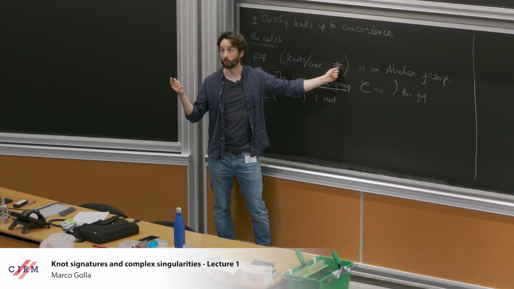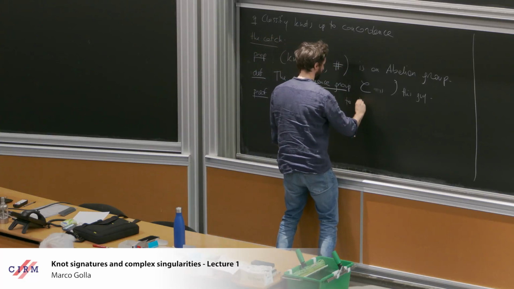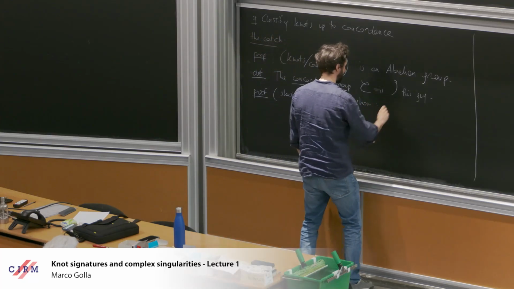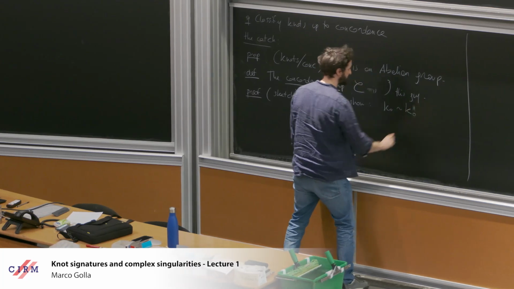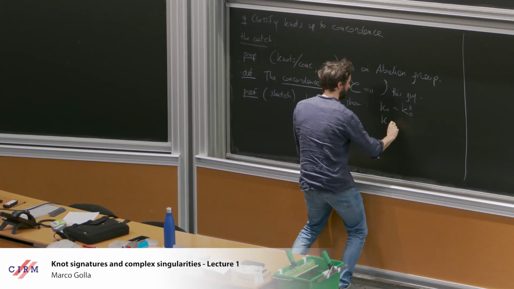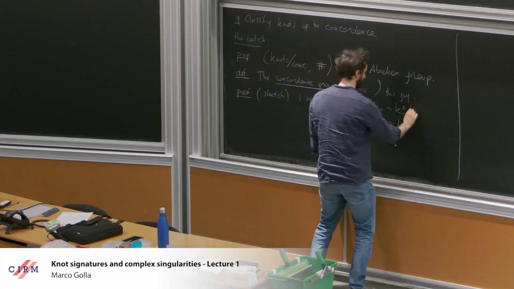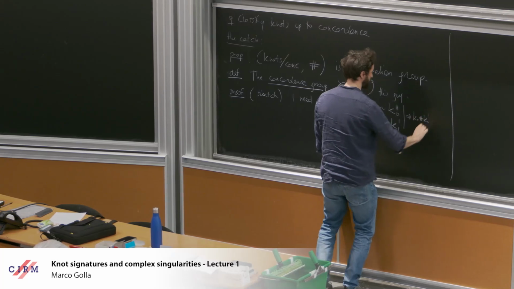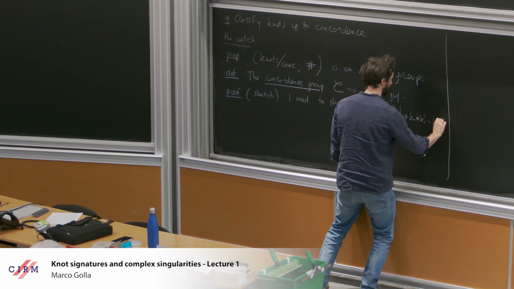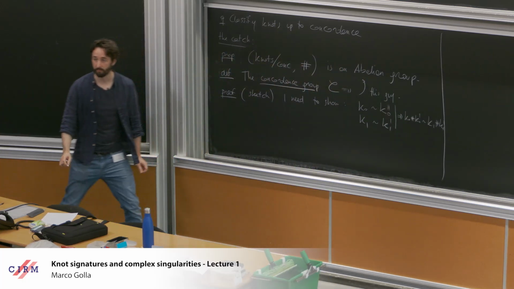We just need to show that if K0 is concordant to K0 prime and K1 is concordant to K1 prime, then K0 connected sum K0 prime is concordant to K1 connected sum K1 prime.